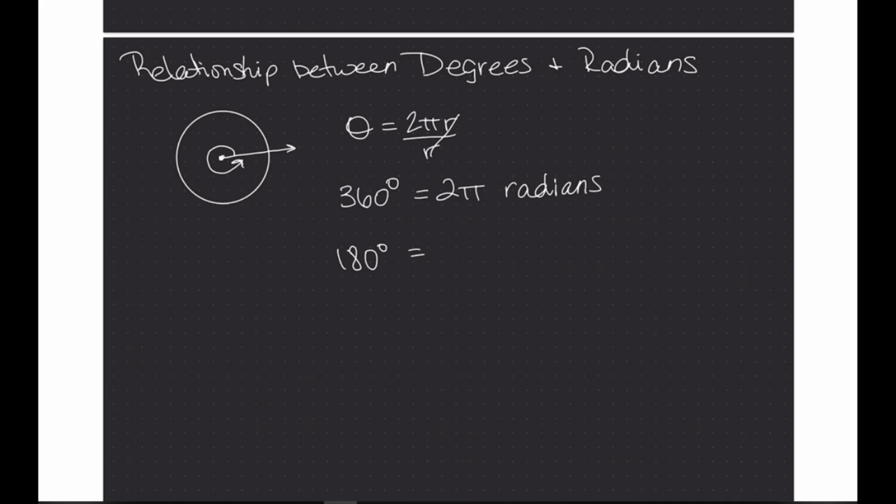Yeah, 1, or you can just write it as pi radians. Right? Could we figure out 90 degrees? What would 90 degrees be? A quarter pi. A quarter? And a half. It'd be a half, right? What would 45 degrees be? A quarter. A quarter, yep.